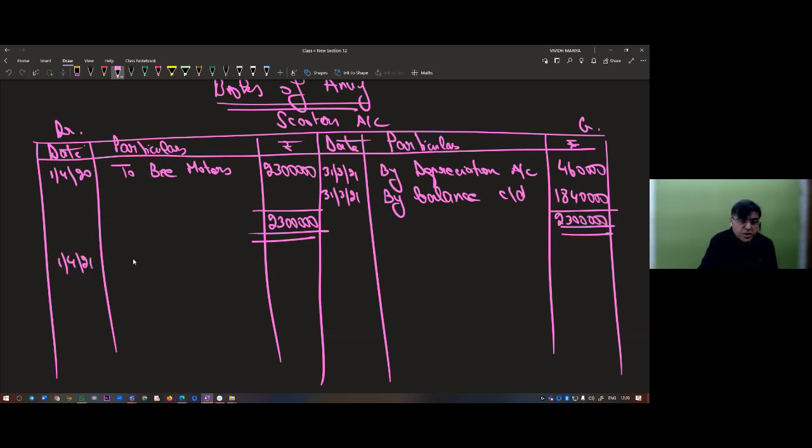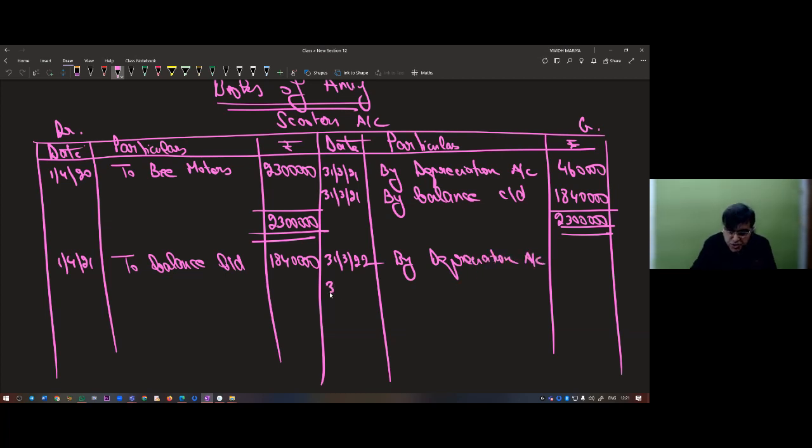First April 21, to balance brought down 1840. Depreciation account, 368.